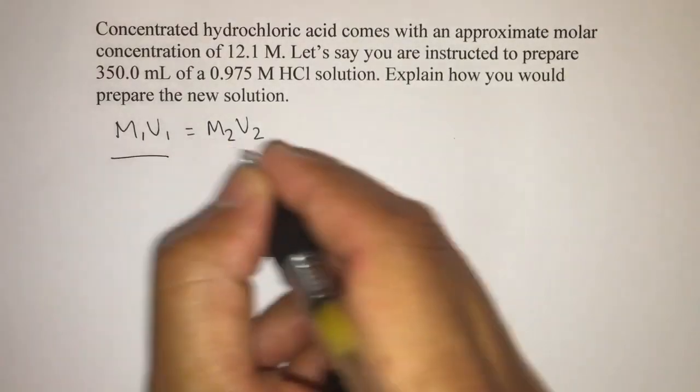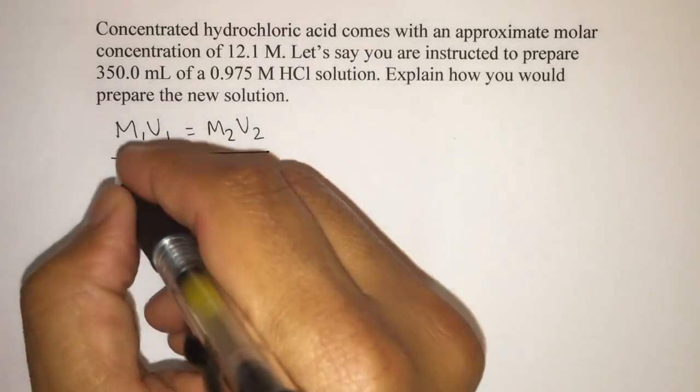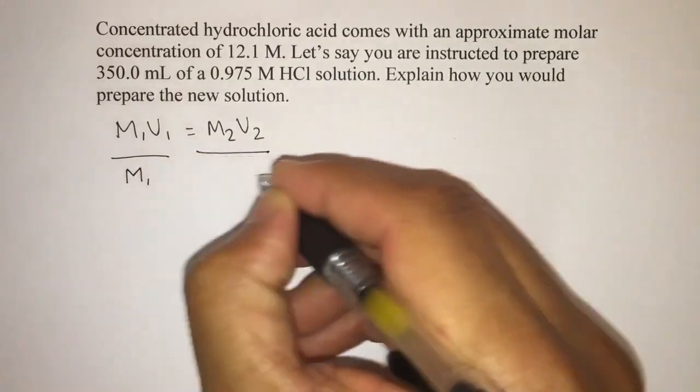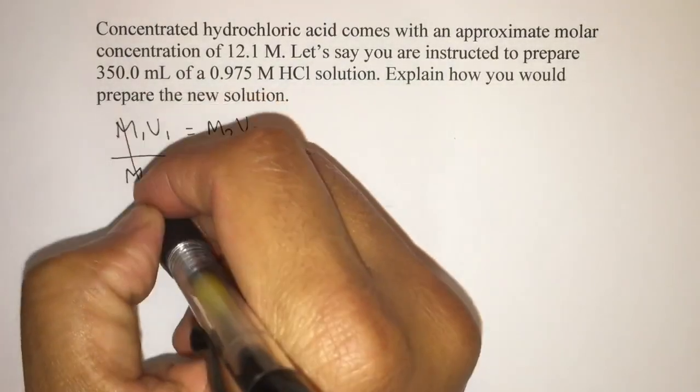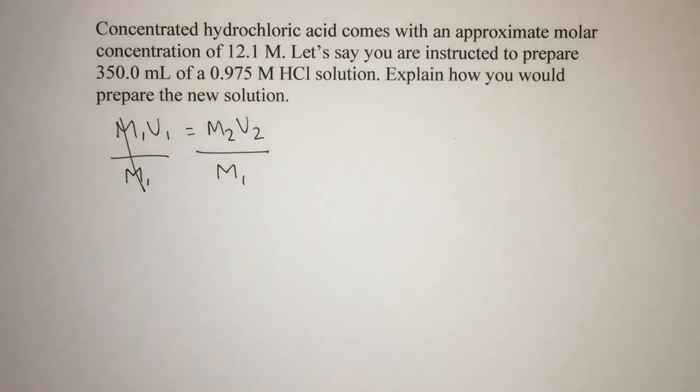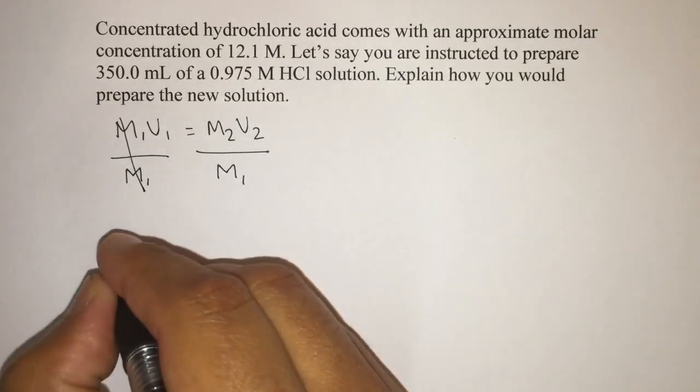So a little bit of algebra here. Let's look for V1. That means we have to divide both sides by M1. So M1s will cancel on this side. And so here's our equation.